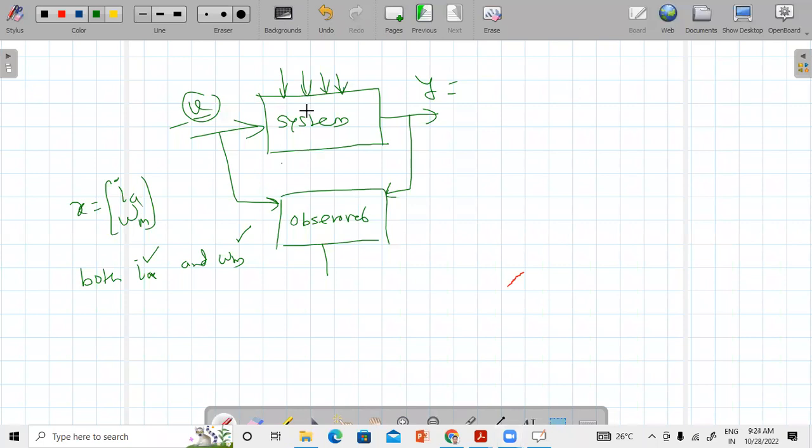Okay, okay. So our system is this one. Let me draw it once again here.